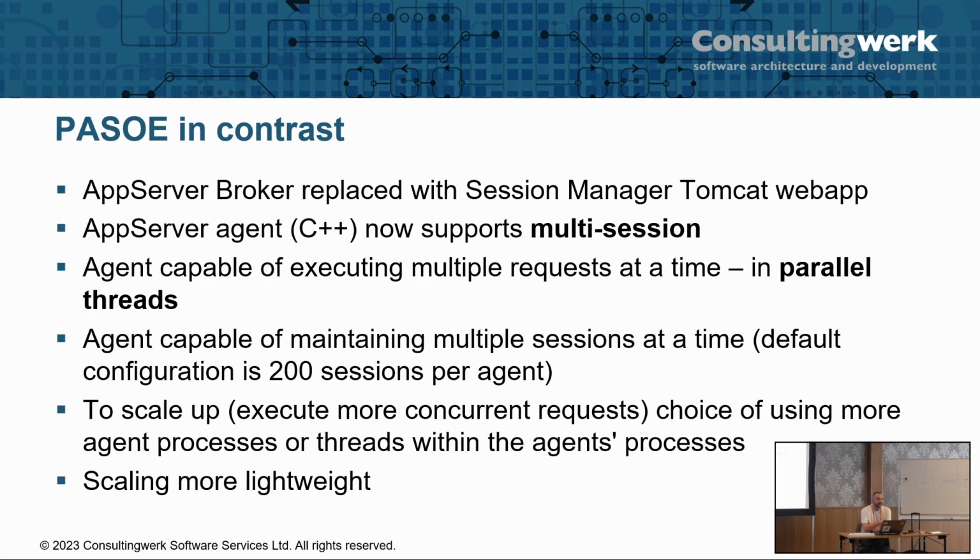Right, an agent is capable of maintaining multiple sessions at one time with a maximum of 200 sessions per agent. To scale up, you can use more agents or increase the number of threads. And the scaling is more lightweight.